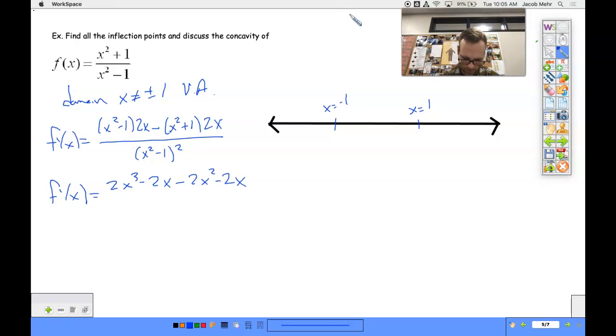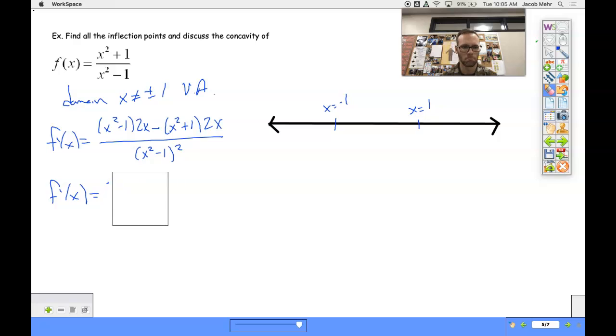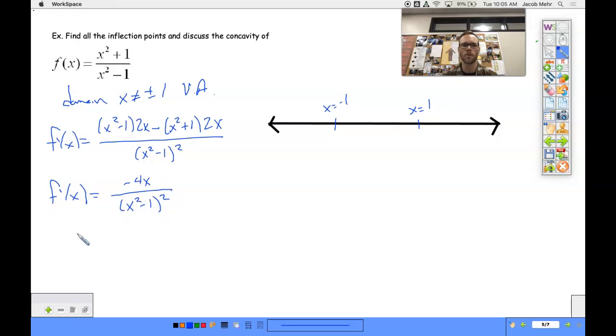That's just negative 4x, isn't it? Over x squared minus 1 squared. There's our first derivative.